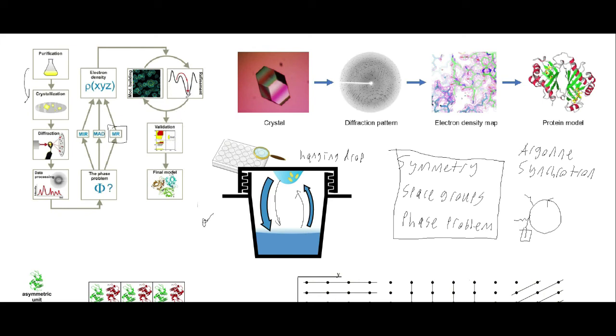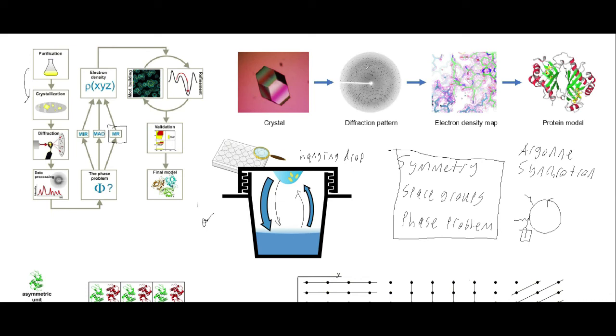So you want your bond lengths and bond angles and all that kind of stuff to be in the allowed areas, such as you see in a Ramachandran plot. And later on, I'll go through more of the various validations. But once you go through that, then you get your final protein model.